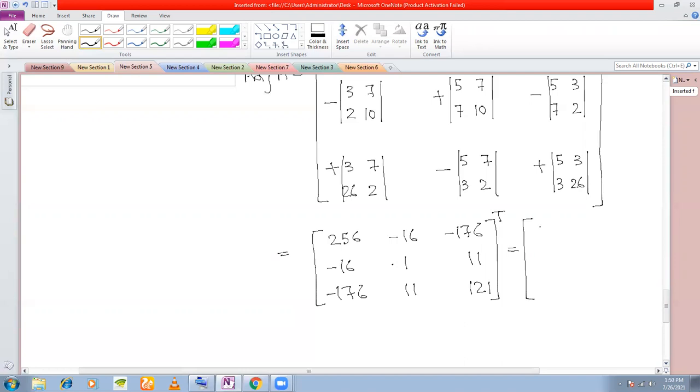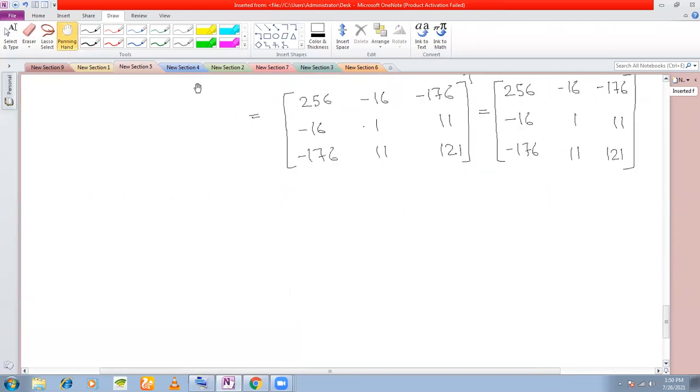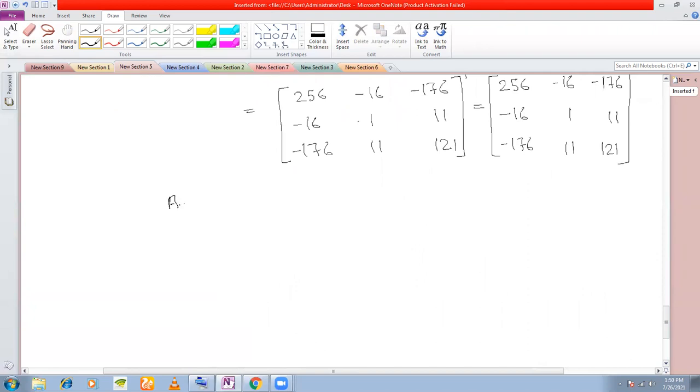If I take the transpose of this matrix, this is the adjoint. Now, once we have found the adjoint, we multiply the adjoint of A with B. Adjoint of A into B.